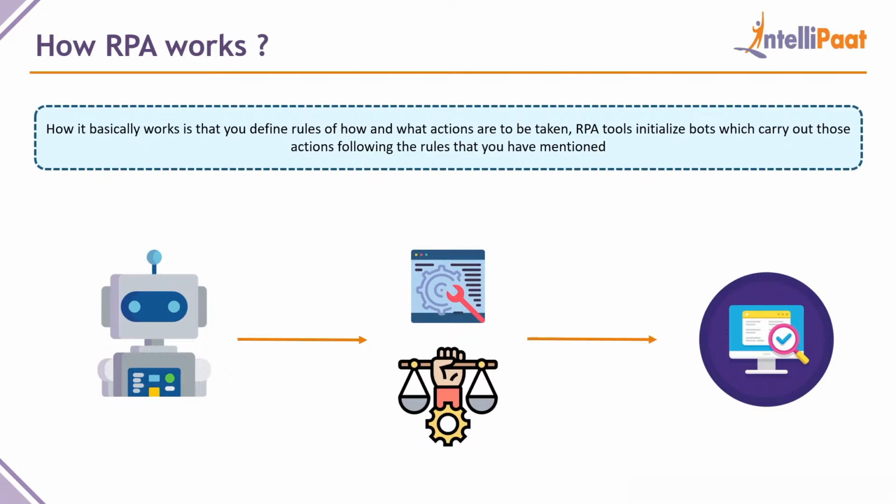Then it sees the next step: I have to type this particular keyword, so it types that keyword. Then it asks what the next instruction is. The way that you have defined your program, or the rules you have mentioned, the robot will follow those actions and perform all of those activities one by one. And once it is done, you have automated a task. So that is the basic idea behind how RPA works.